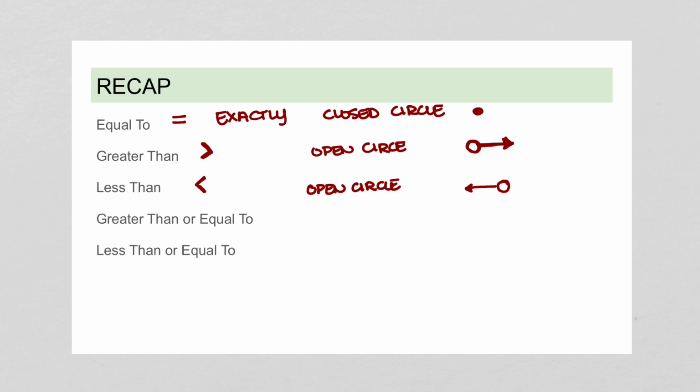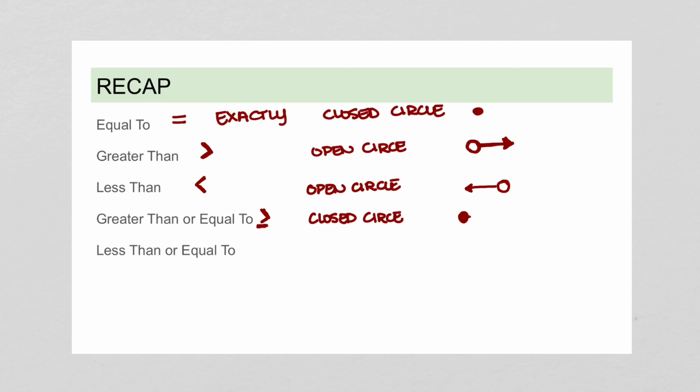Now, when we see these double duty ones here, like greater than or equal to, we have to satisfy where it's greater than and also where it's equal to. So since it could be equal, exactly equal to that, we're going to close the circle. So we're going to have a closed circle. So we're going to have that dot just like an equal to.